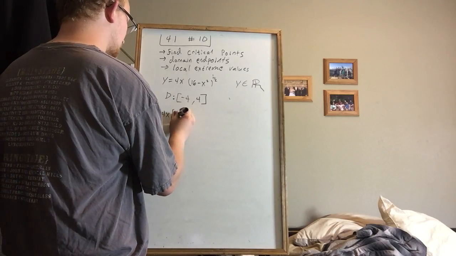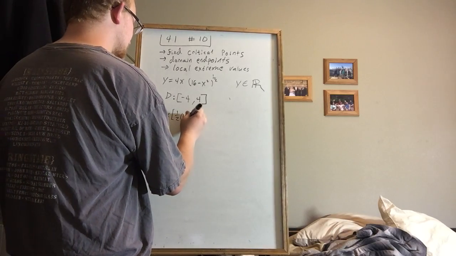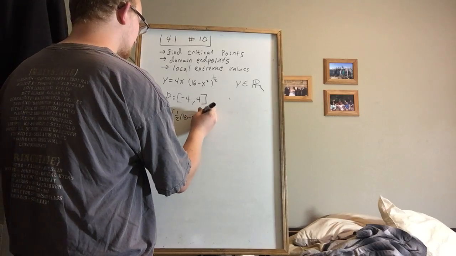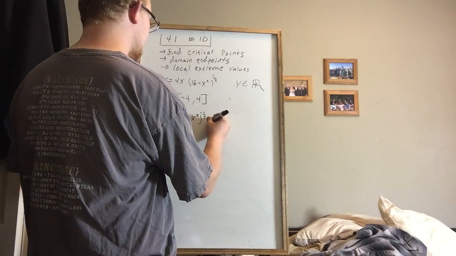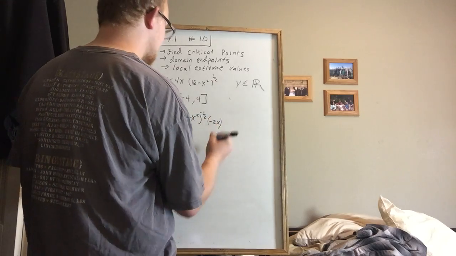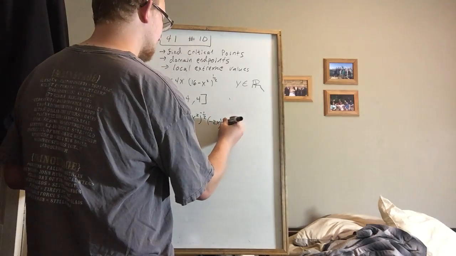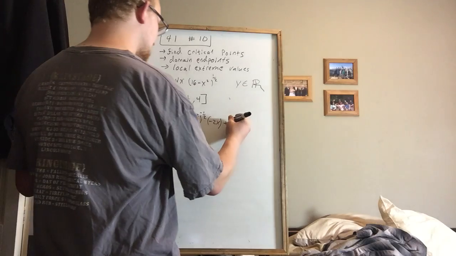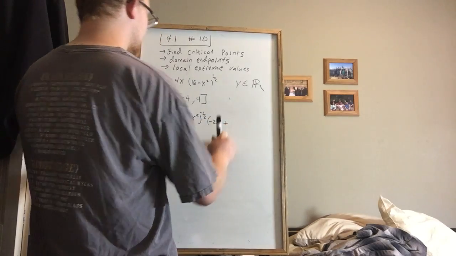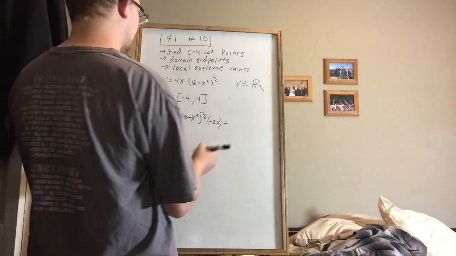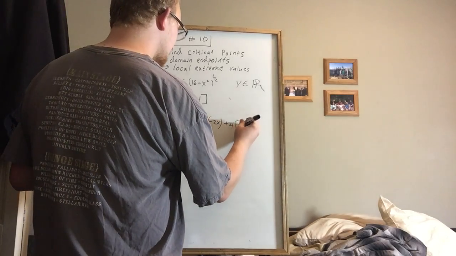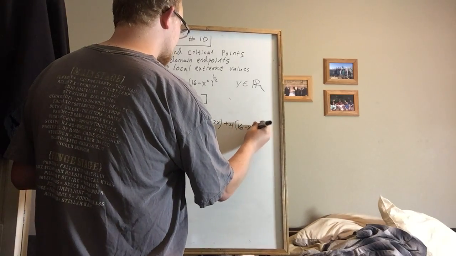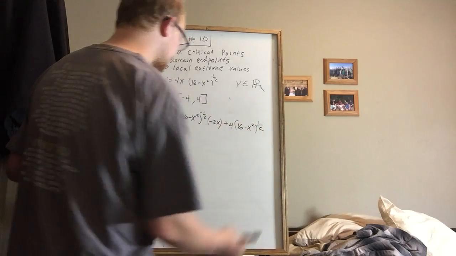The second is 1/2 times 16 minus x squared to the minus 1/2 per the power rule, and then multiplying it by negative 2x per the chain rule. And then we add the second times the derivative of the first. So that's 16 minus x squared to the 1/2 times 4. The derivative of 4x is 4. 4 times 16 minus x squared all to the 1/2.